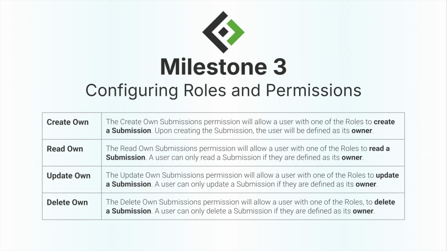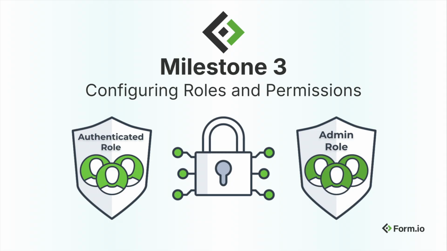Read, determines whether the role can view the form or its submission data. Update, controls whether the role can modify existing submission data. And delete, determines whether the role can remove the submission data. Together, roles and permissions ensure your form and submission data are both accessible to your application user groups and secure.